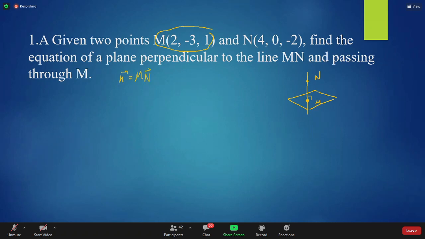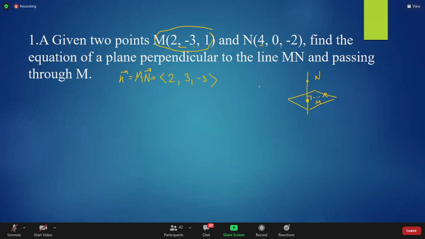So let's write it down. The normal vector would be 4 minus 2, 0 minus negative 3, and minus 2 minus 1, that's minus 3. This is the normal vector. And now, using the point M as the given point, remember that the vector MR is the vector x minus 2, y plus 3, and z minus 1.